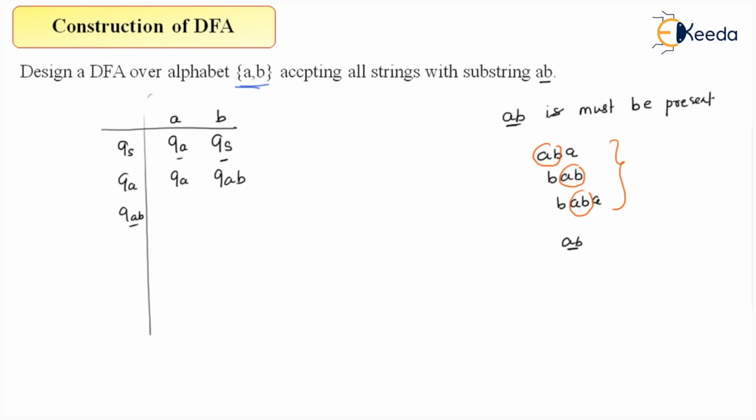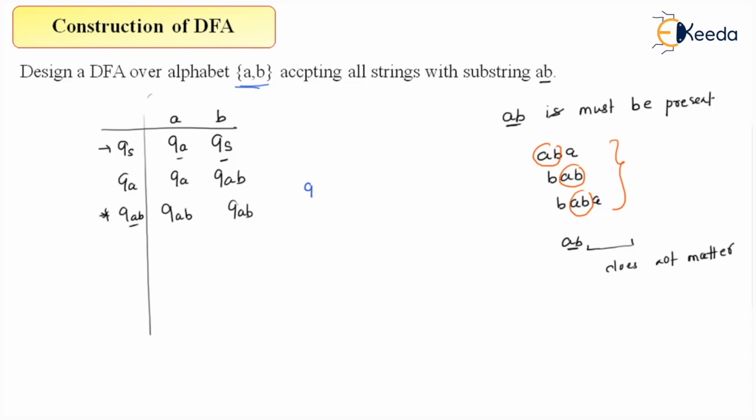What is coming after that AB really does not matter, so we are not concerned with this part. So I'll say QAB loops on itself. This is my starting point, and this is my final state. Okay, so that is the diagram for this.